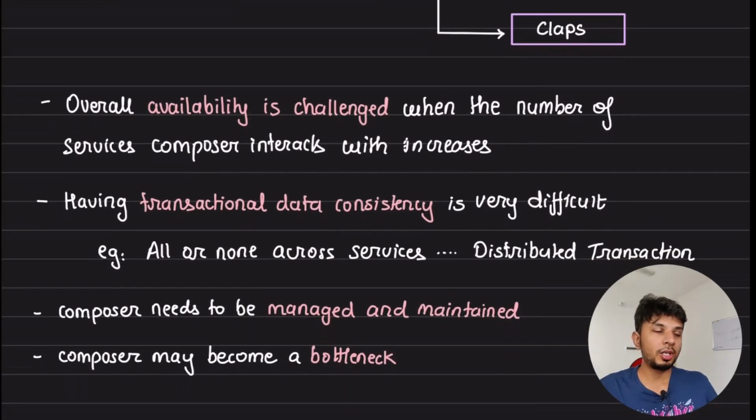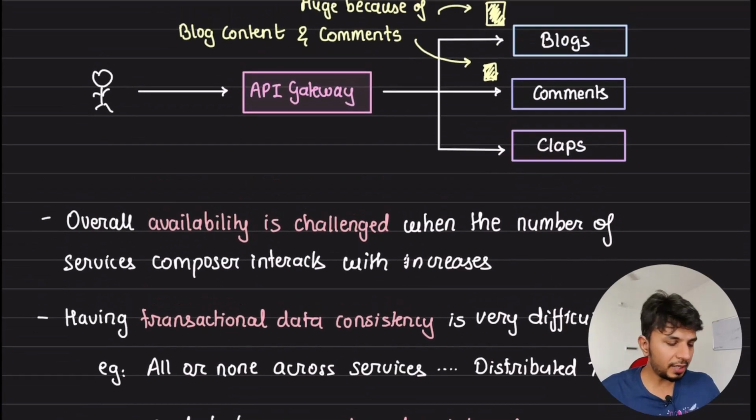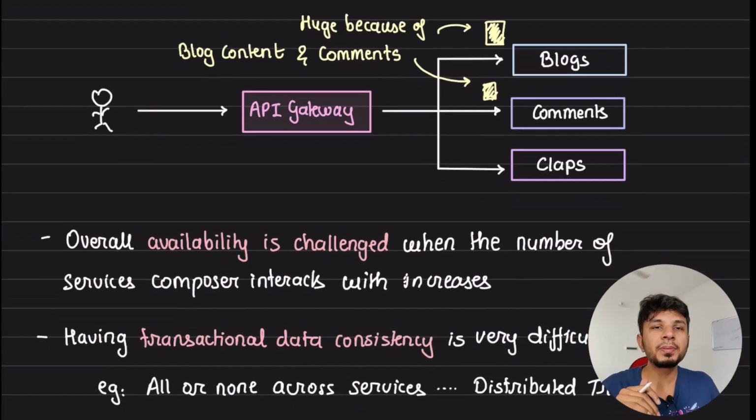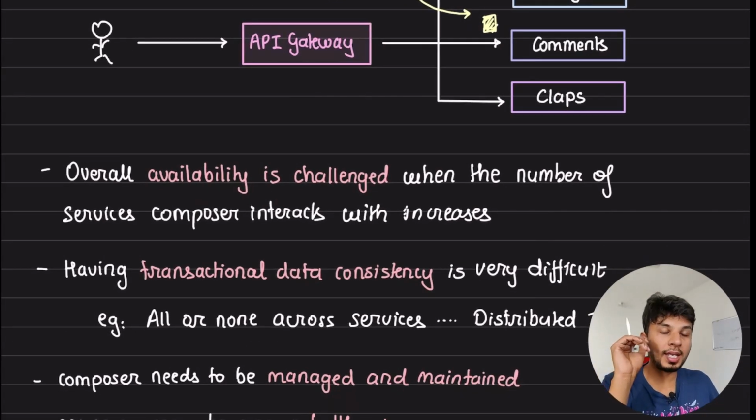Second is your overall availability is challenged. Here we can very clearly see that when the request comes to our Composer and it goes to 3 of the downstream services like blogs, comments and collabs, our availability is challenged. If one of those services is down, we are not able to compile the response.